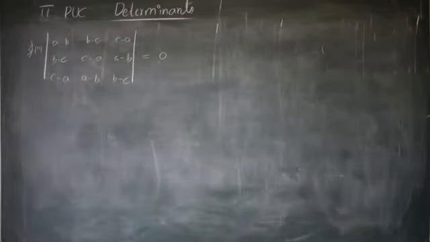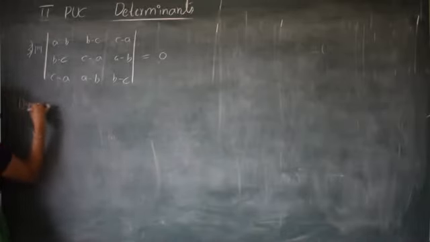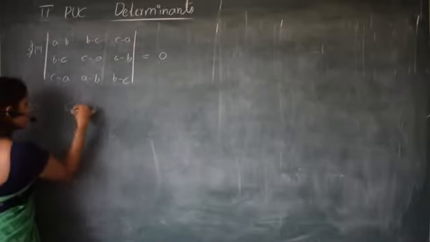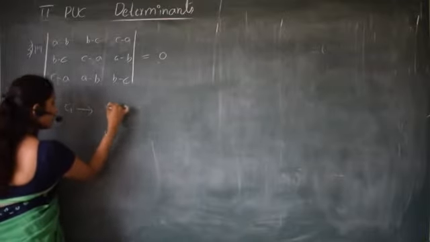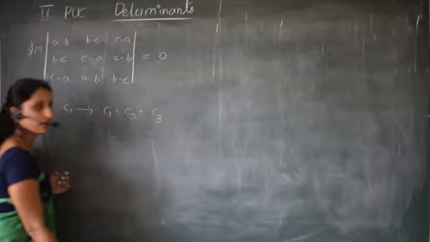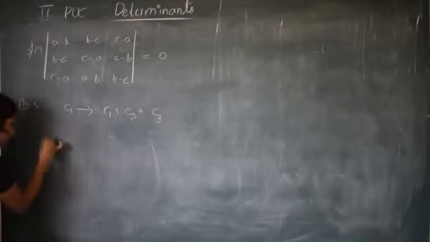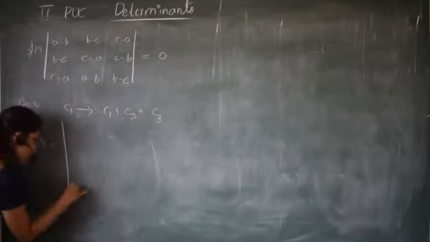Either I can use column changes or row changes. So now I'll use C1 changes to C1 plus C2 plus C3. I'm adding all of C1, C2 and C3, so delta is equal to C1 changes.